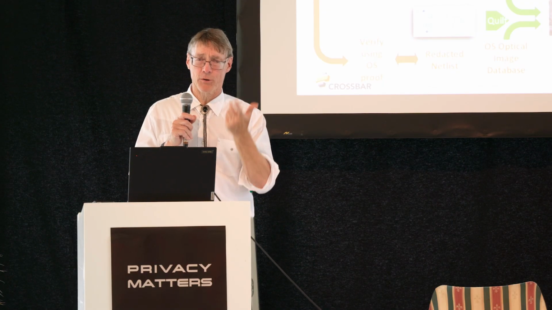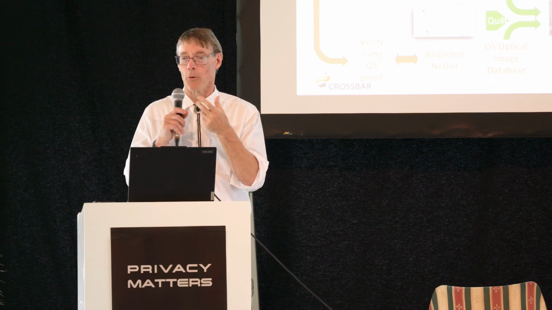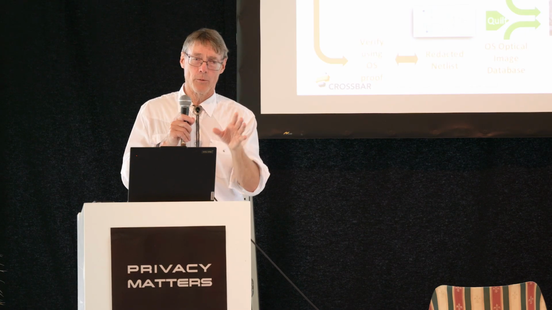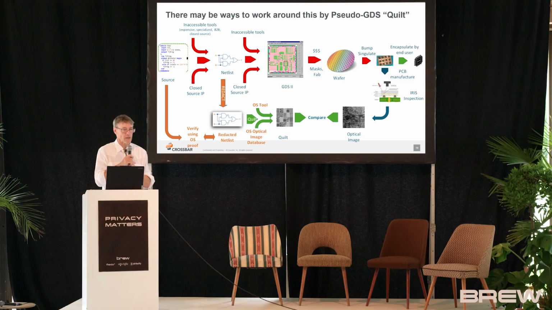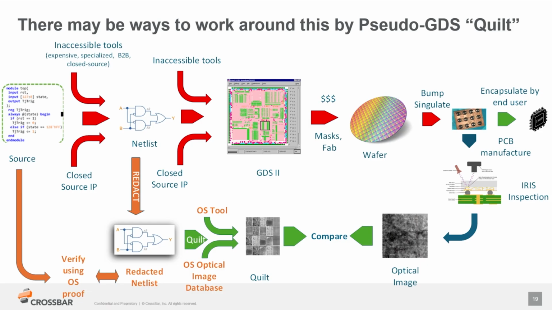So if we think of capture resistance, permissionless access, it's not really permissionless if it only works at one fab. Foundry portable is critical. So we're trying to work on maybe another flow where you go ahead and use this closed flow, but you redact some information from the net list, try to correspond that back to the source.